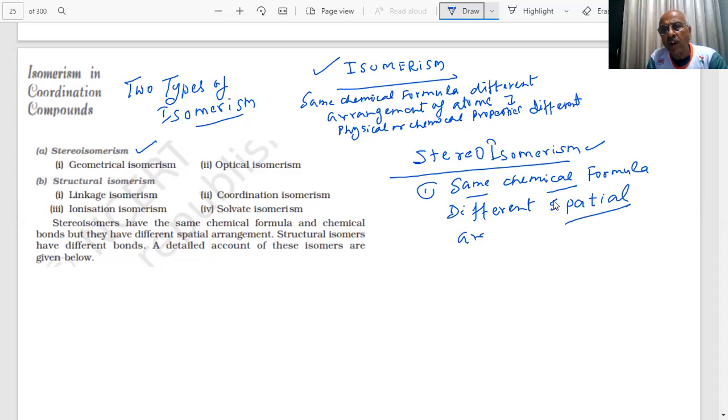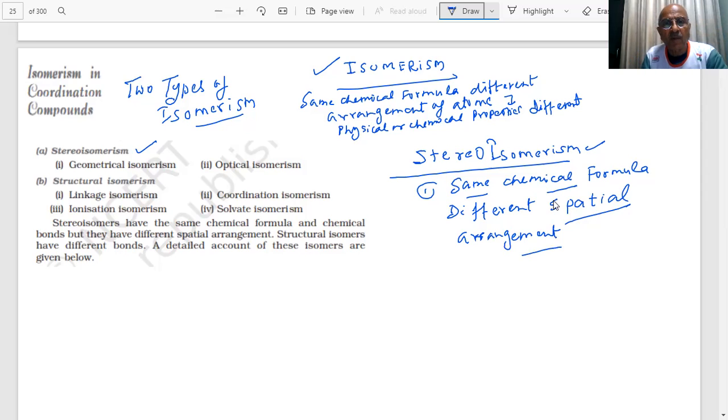Spatial arrangement means that in space the atoms or groups are arranged in a different way. So the formula is the same, but the arrangement is different.